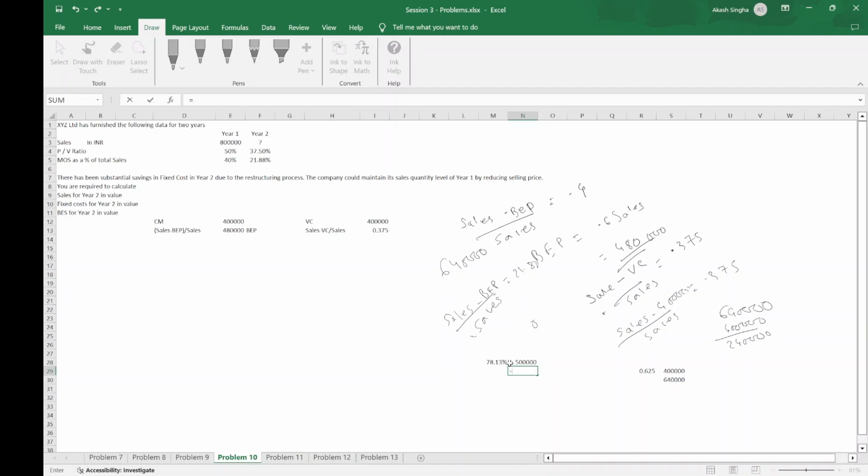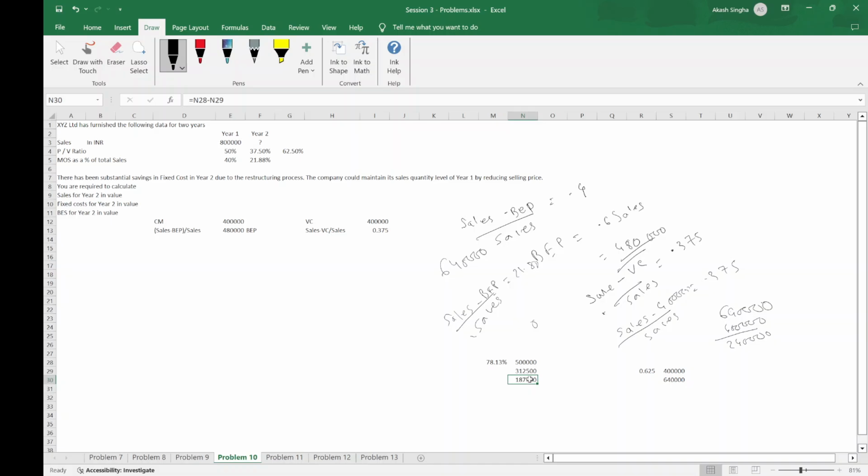Our variable cost percentage will be 1 minus our contribution margin ratio, the PV ratio. So here the variable cost will be 5 lakh into 62.5. So our contribution margin will be this minus this. So this is our break-even fixed cost for year 2.